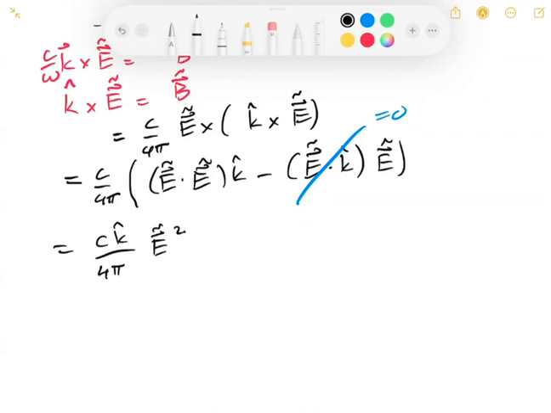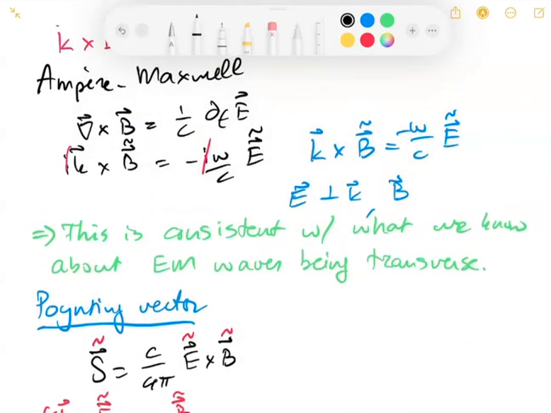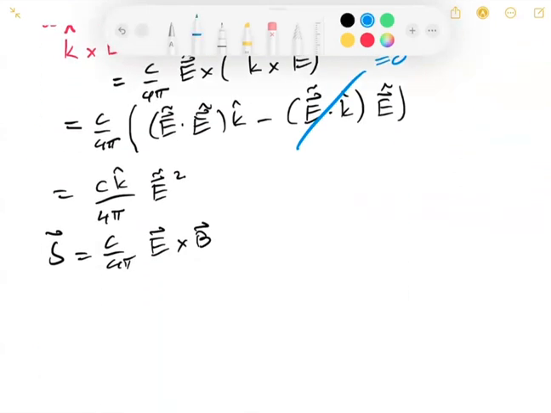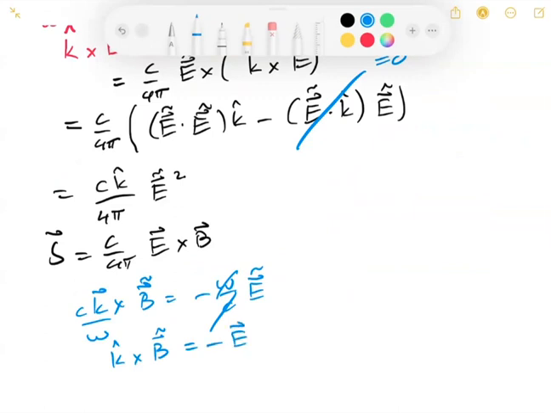Now, the blue expression, so S is c over 4 pi E crossed with B. Now we're going to take the blue expression, so k cross B is minus omega over c E. Let's bring our c over to this side, so that's c over omega. So this is again k unit vector crossed with B. It's minus E. Okay, so we can plug this in.